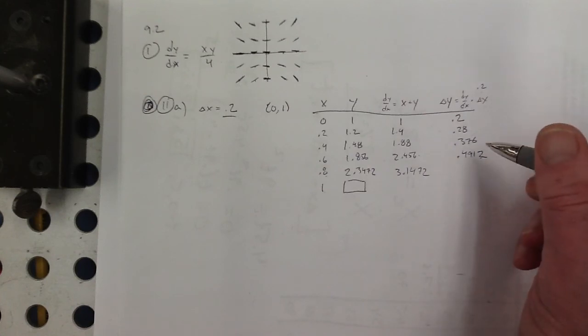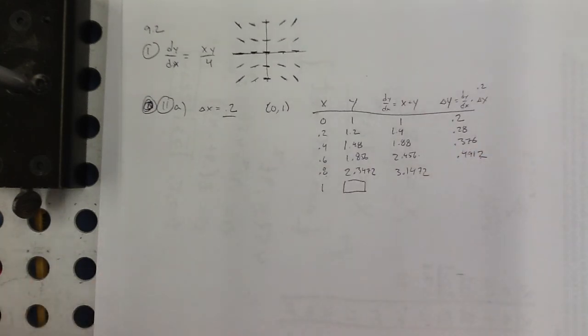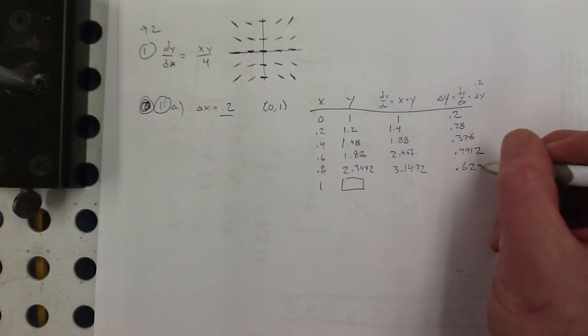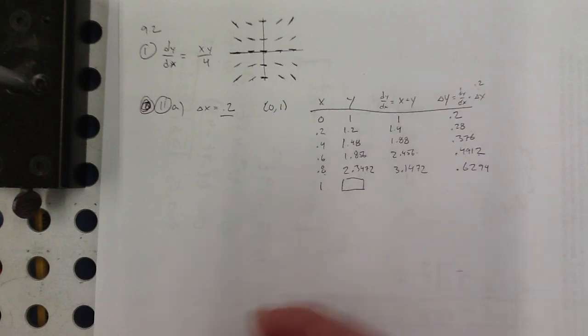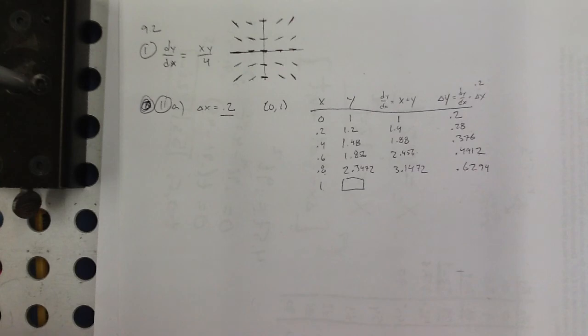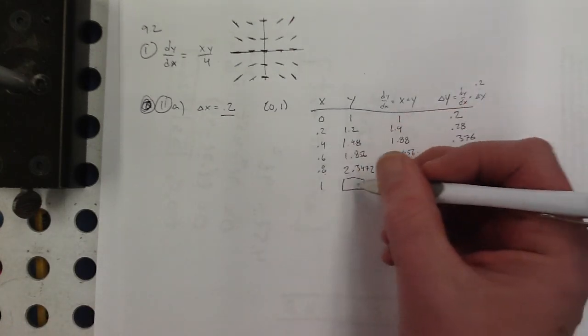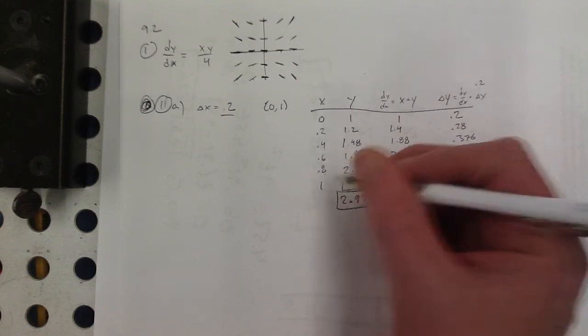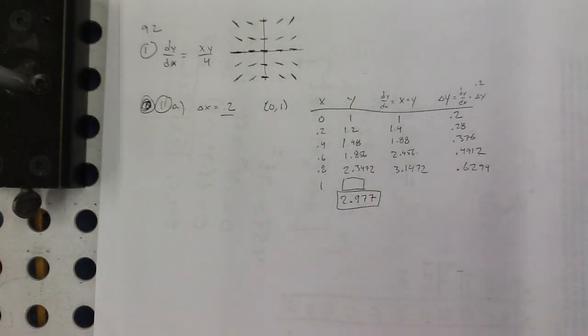And then I'm going to multiply that by 0.2. And then I'm going to add that to this. 2.977. Let me check and see how that looks with the book, yeah, that looks good. The book has 2.98, 2.977.